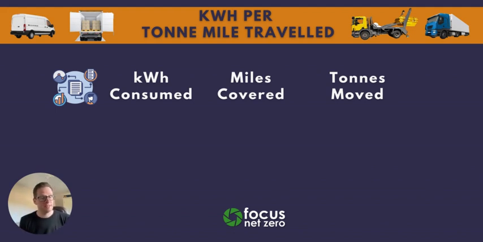So the data you need is the kilowatt hours consumed, which you can just get from the auditor, and they can work that out. That's no problem. And then you've got the miles covered. Now, for the passenger stuff, sometimes that's quite difficult to get, and you have to put a lot of assumptions around MPGs and so forth. But actually, with anything that comes under O license regulations, of course, you're going to have that information.